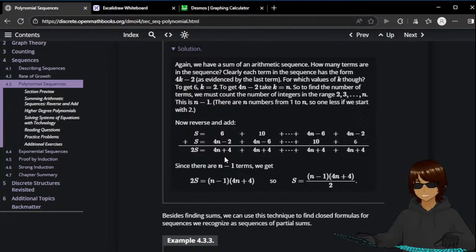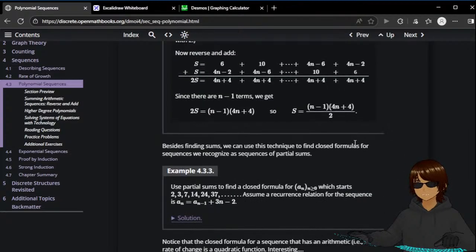Shouldn't it be n times? Okay, I don't understand what they're doing here.